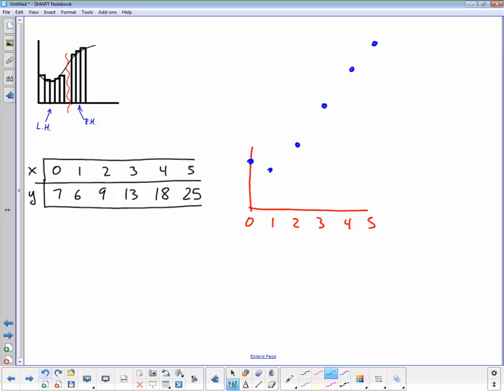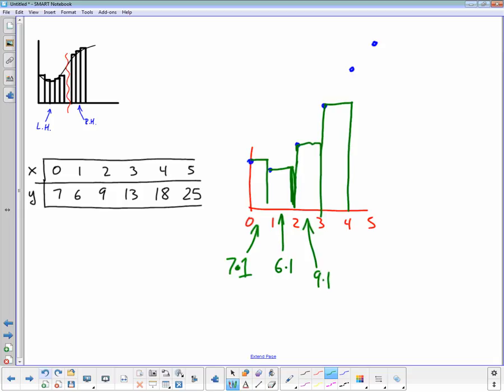So if we were going to do a left-hand one, then my first rectangle would be a height of 7 and a width of 1. Then 6 times 1. 9 times 1. 13.